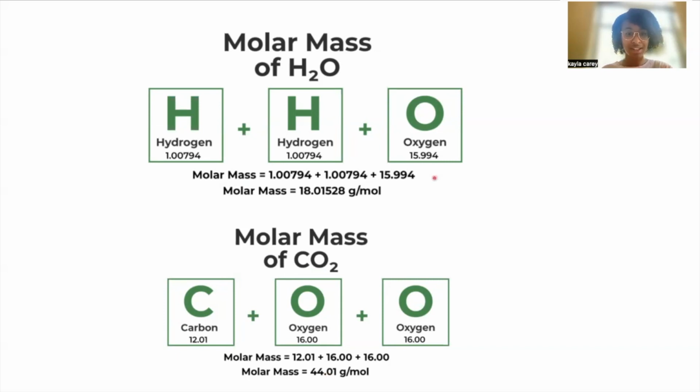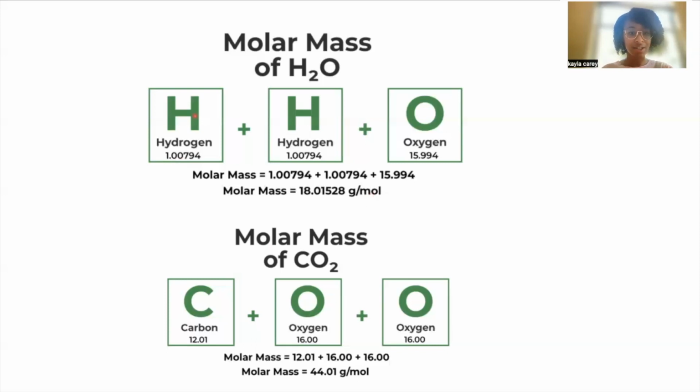So again, we can see the same thing is true up here for H2O, or water. Hydrogen has a molar mass of about 1.0079, and oxygen 15.994. So if we add 1.00794 plus 1.00794 plus 15.994, we get the molar mass of 18.0528 grams per mole.